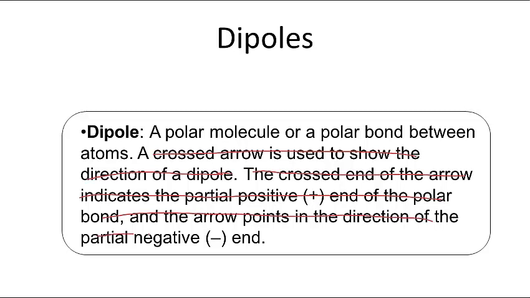Just note that the arrow points from partially plus to partially minus. That's all you need to note here. When we're looking at these molecules as we move forward, you're going to be drawing these arrows in, and you're going to have to figure out which side is partially positive and which side is partially negative.